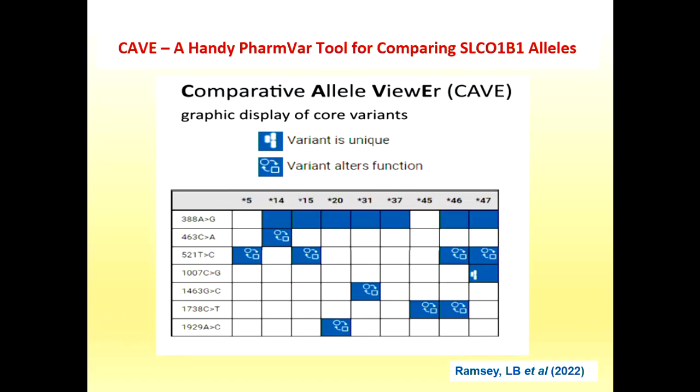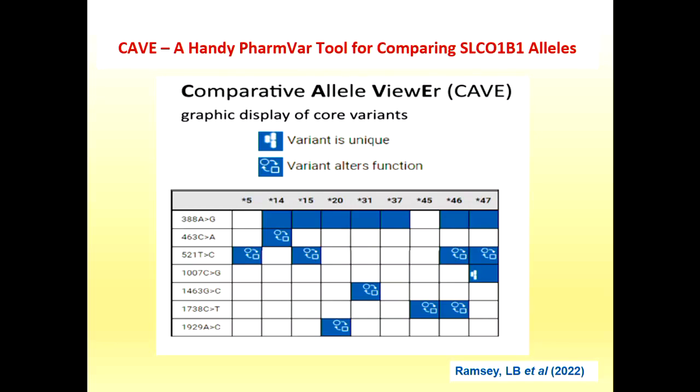If you want to go online, you can have a look at this nice CAVE. This is a comparative allele viewer, and this is a nice schematic way of keeping track of the substitutions occurring at different sites in the SLCO1B1 gene.